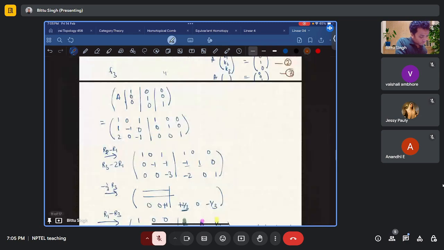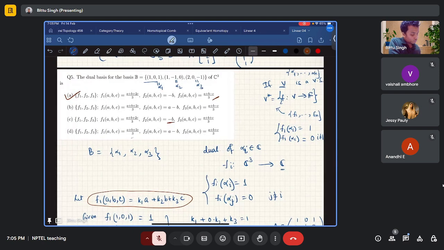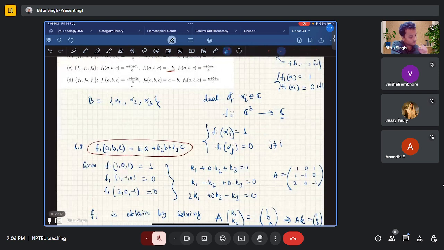So instead of doing this, let me say what we have already done in this question. So we actually found all those. We can see that if you already know inner product, otherwise it is okay. So we are finding those k1, k2, k3, so that it makes those equations 1 0 0, 0 1 0 and 0 0 1.